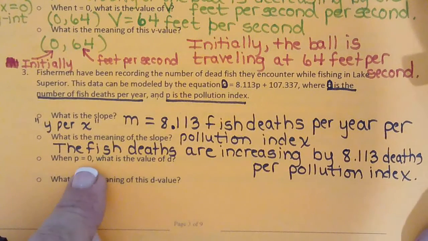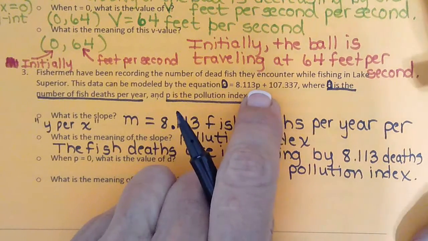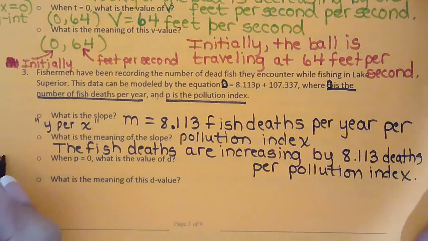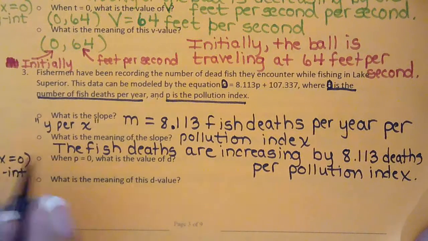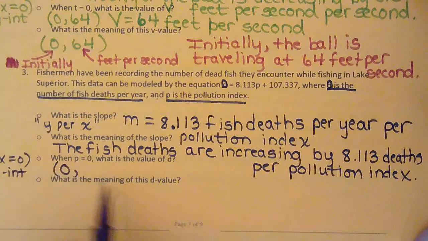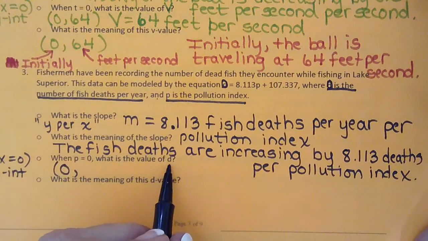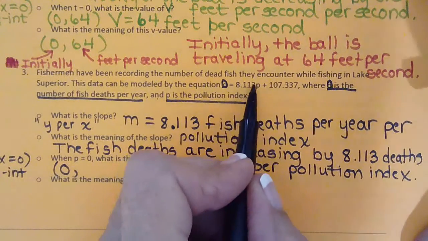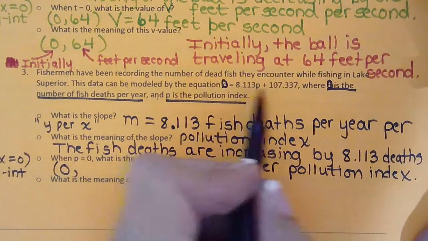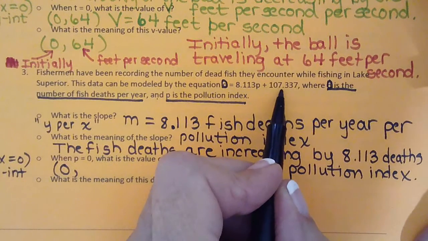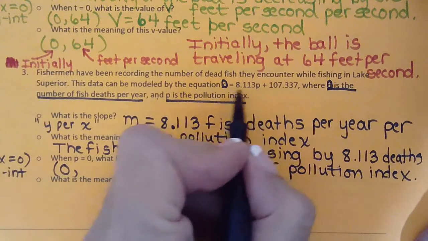Okay, so now it says when p is 0, that means when x is 0, and remember that's called the y-intercept, the starting point. So when x is 0, what is d? So when you put 0 here, that's 0. So you get this, and don't we already know that's the y-intercept? So we don't really have to put the 0 in.